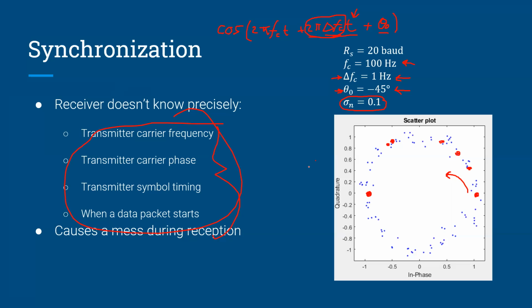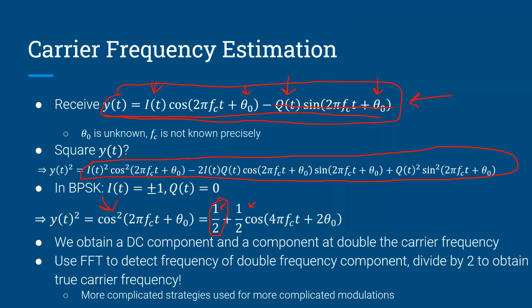So you first have to find when the header starts, but if the header is not what you really expect it to be because of the carrier frequency offset, then that can make it a little more difficult detecting where the header starts. Gotcha. So there's a whole series of gotchas with this stuff.